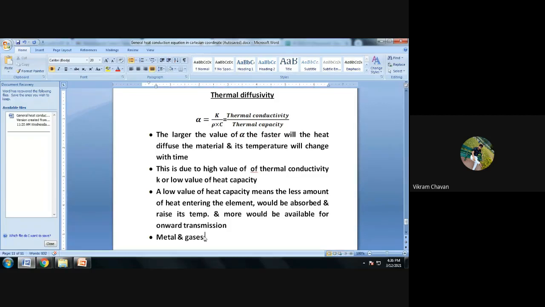First point: larger the value of alpha, the faster will the heat diffuse.